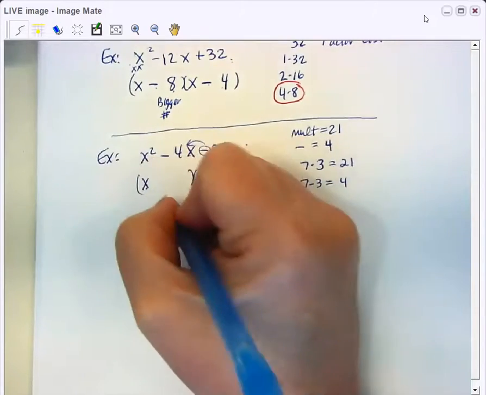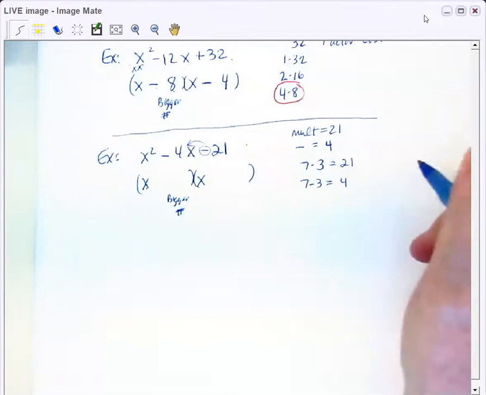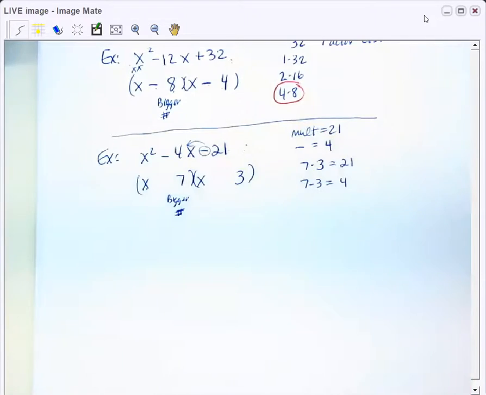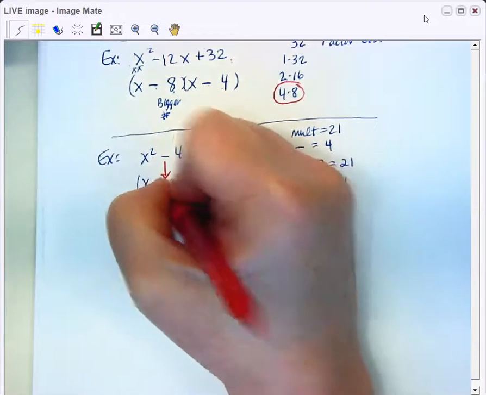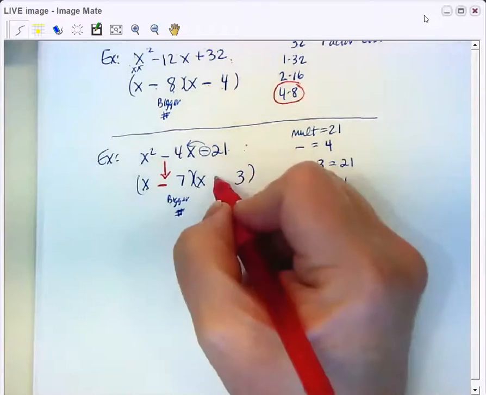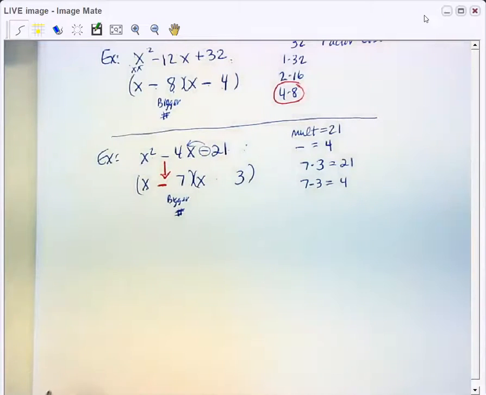Remember, bigger number goes here. So 7 and 3. I'm going to have you bring down this front sign. And then negative times what gives me a negative? Put it in the chat box.